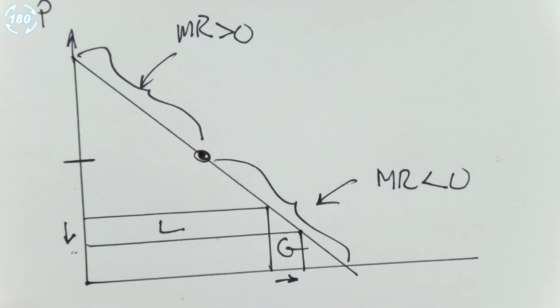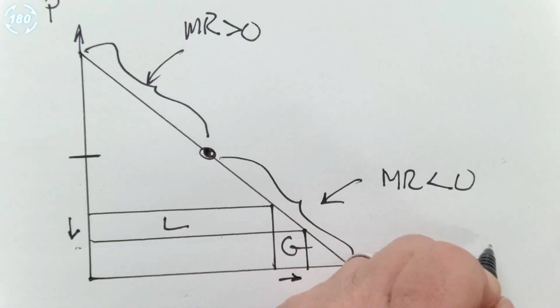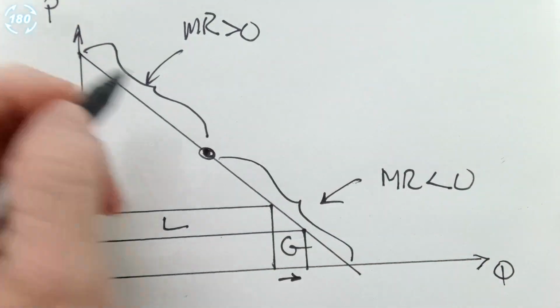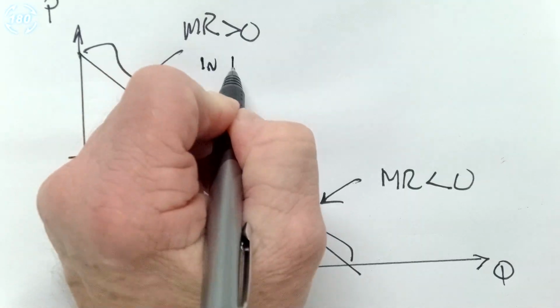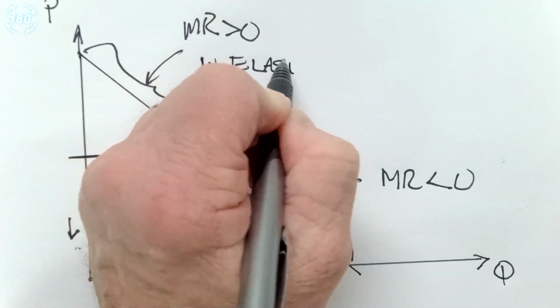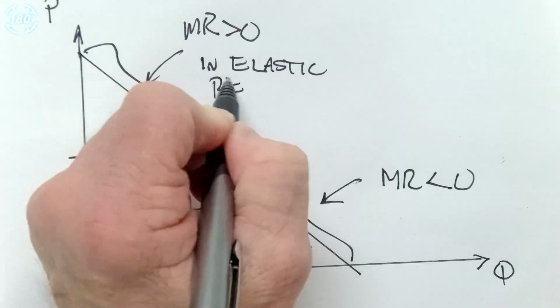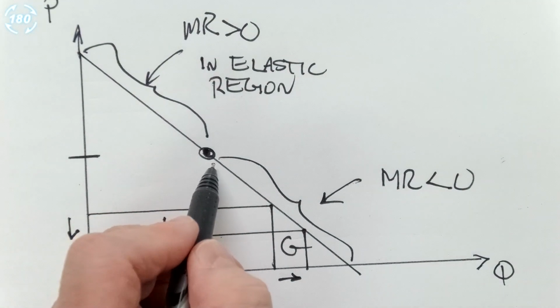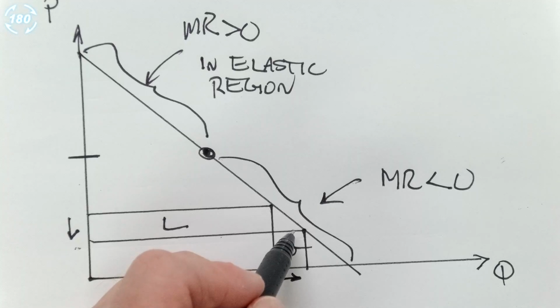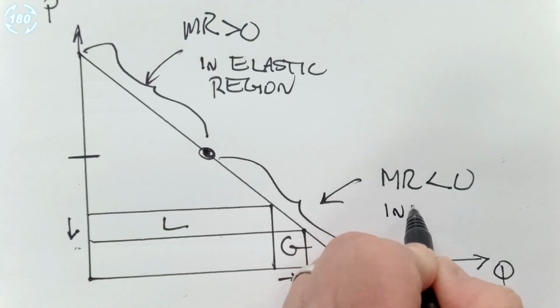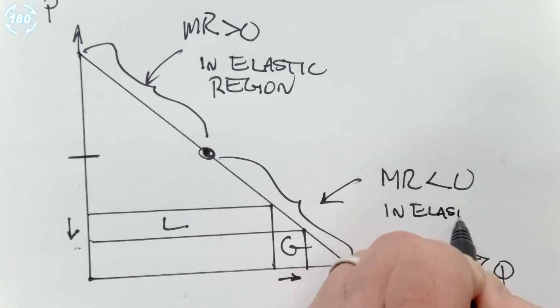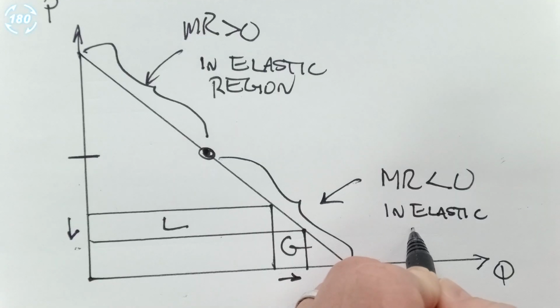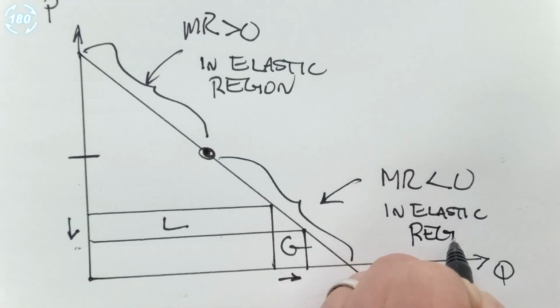We've looked at linear demand curves before, okay? And we said way back there, this is early in the course, but we said that this is called the elastic region. In the price elastic region, the marginal revenue is positive. In the inelastic region, the marginal revenue is negative. Okay?